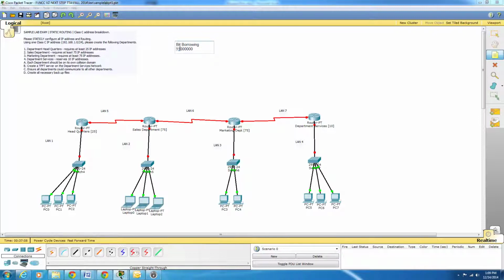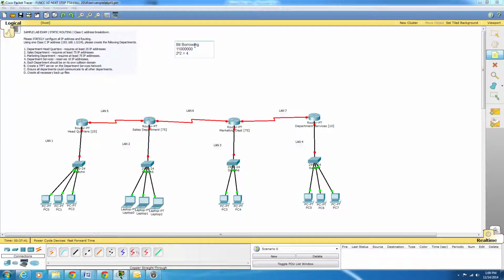So the ones decide how many segments you could get when you borrow bits, and the zeros decide how many actual usable IP addresses you get when you borrow bits. And the way you do that is to, let's use this sign, you go 2 to the second, and that equals 4.